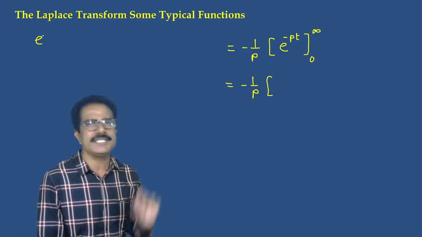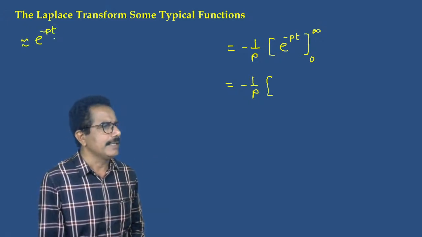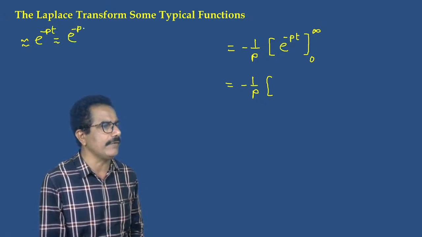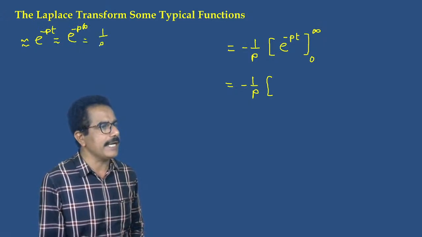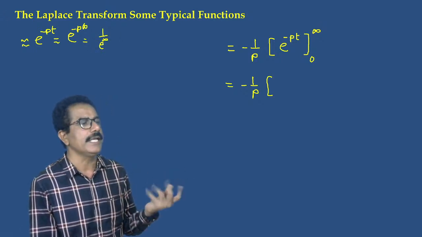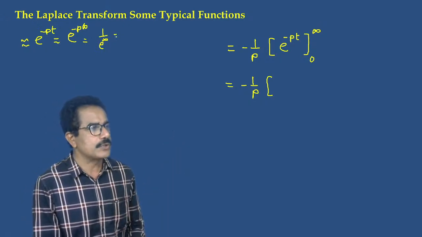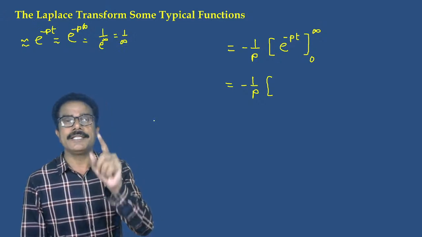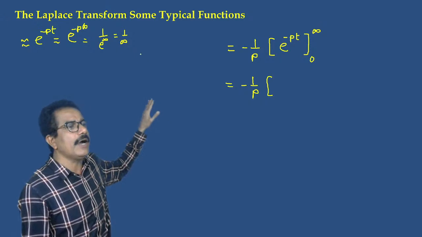This is the approximate value: e raised to minus pt is approximately e raised to minus p into infinity, that means 1 upon e raised to infinity. P into infinity means infinity, and e raised to infinity tends to infinite value, so it is equal to 1 upon infinity. Note that this infinity is not a real number, but I am telling the approximate value.